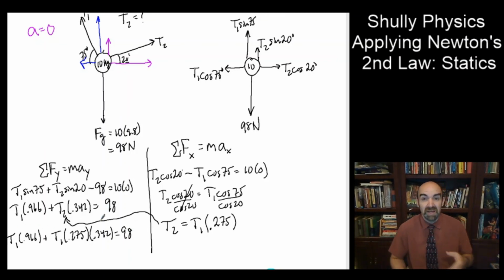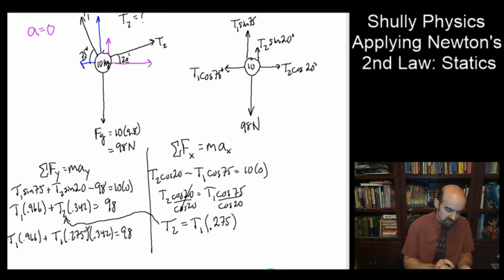Now, if you've got 3x plus 5x, that equals 8x. You'd add those coefficients together. So likewise, I'm going to add the 0.966 to the product of 0.275 times 0.342. That's 1.06.